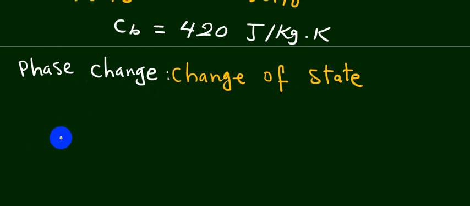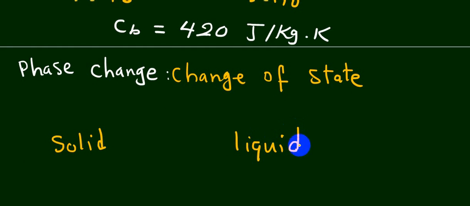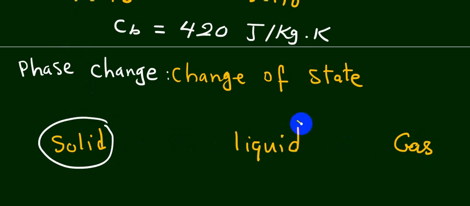So we have solid, liquid, and the gas state. The three states: solid, liquid, and gas.